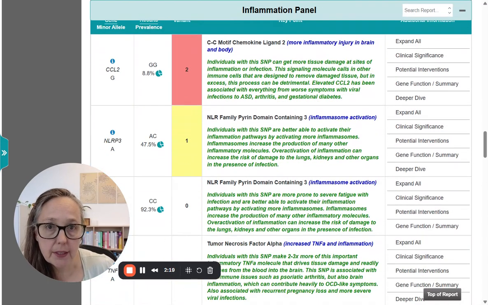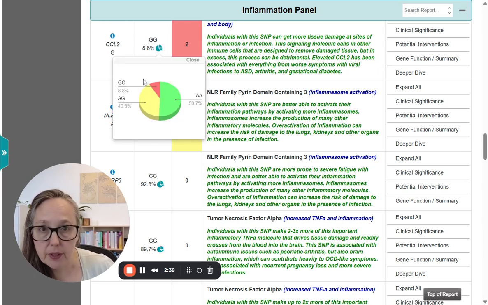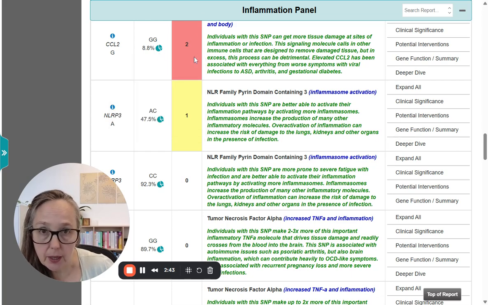If you open this up, there are a lot of genes. The way this is organized is it's giving you the specific gene here, plus it's telling you the frequency in the population. So in this case, she has 2 copies of the GG variant of a gene called CCL2, and that's only present in 8.8% of the population, and she has 2 copies of it.